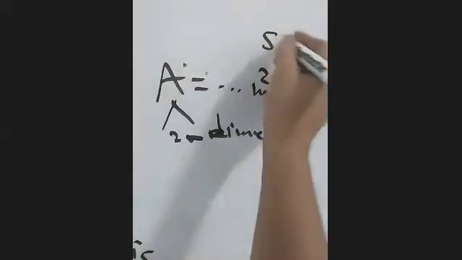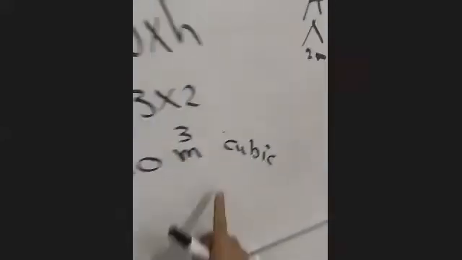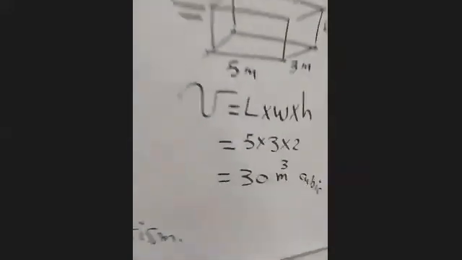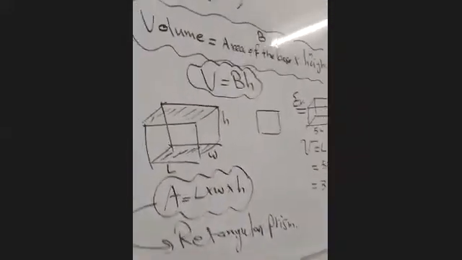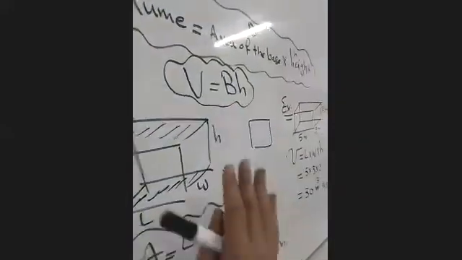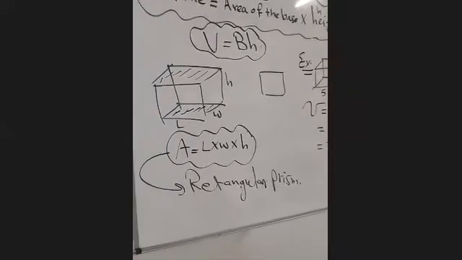Squared, مربع. Here, cubic meter. So, in general, guys, to find the volume of any solid figure equals the area of the base multiplied by the height. You search for the base and find the height.